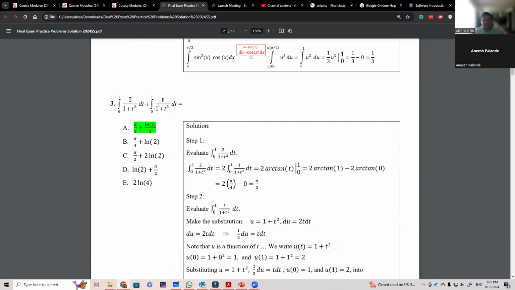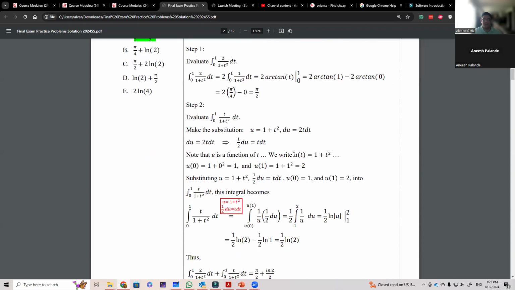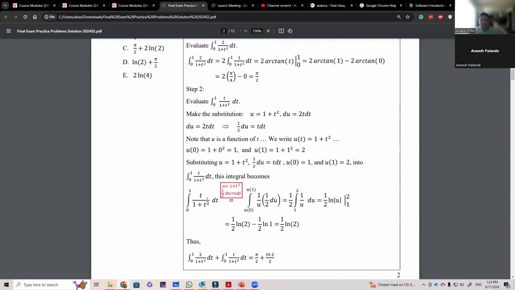And I can simply get just log of 1 plus t squared. And so that's precisely what we get here. Notice we get the arctangent from the first integral. And then for the second one, we just made that substitution. And that's just going to give me 1/2 of log of u. And it's going to be between the new limits that I get, which are between 1 and 2.